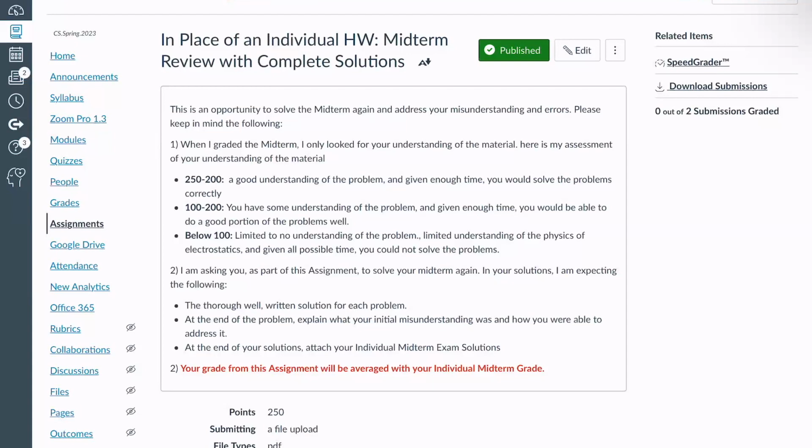At the end of each problem, after you finish the solution, I want you clearly to say, if you were especially below 100 or below 200, this was my misunderstanding, which now I have corrected, and explain what your misunderstanding was before, and now how you have corrected it. I mean, as an essay, not a very long essay, but I want you to internalize what your misconception of the problem was before.